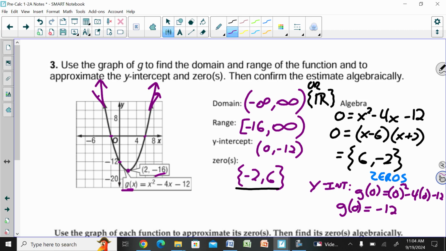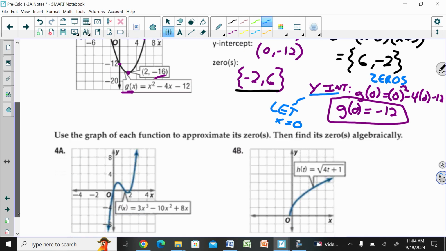So I'm just going to get minus 12. So I know right there that that is my y-intercept. Again, just pointing out, we want to put the function equal to 0 to find my zeros. And for the y-intercept, I'm just saying let x equal 0, and that will give you your y-intercept.